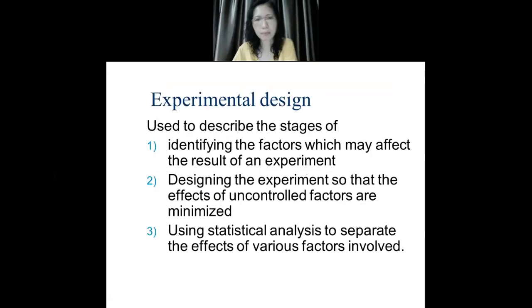So, what is experimental design? Experimental design is used to describe the stages of identifying the factors which may affect the result of an experiment and designing the experiment so that the effects of the uncontrolled factors are minimized and using statistical analysis to separate the effects of various factors involved.